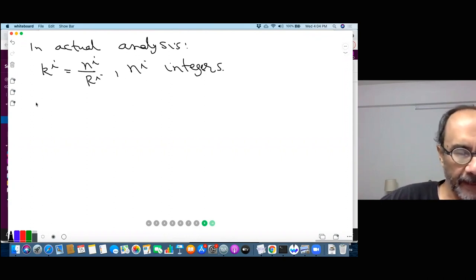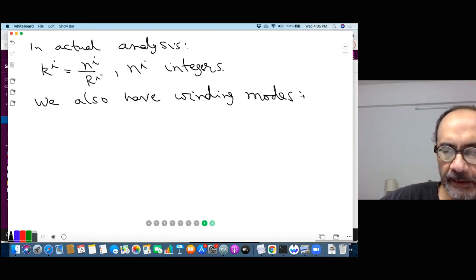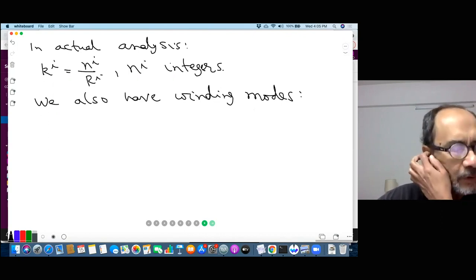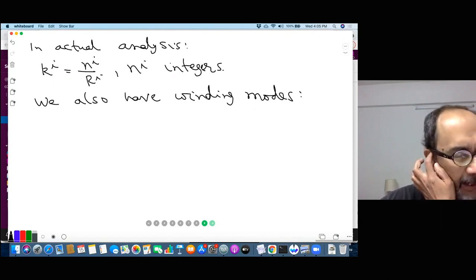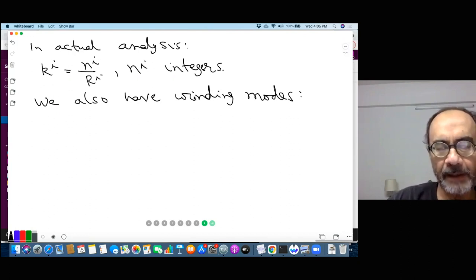But the second aspect is that you also now have winding modes. So what are winding modes? Recall that earlier when we had expanded our x mu as a function of tau and sigma, we had expanded in powers of e to the i n tau minus sigma. And then e to the i n sigma came because sigma had a period of 2 pi.